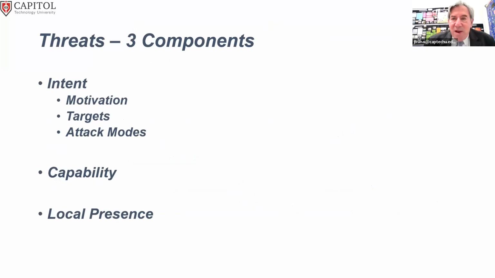So in terms of threats, the first component in risk assessment, it involves at least three components. The first is intent, a motivation for attack, and this can cover either terrorism or military aggression, or even the threat of a virus targeting a population.